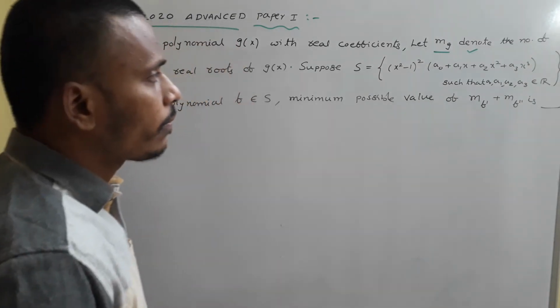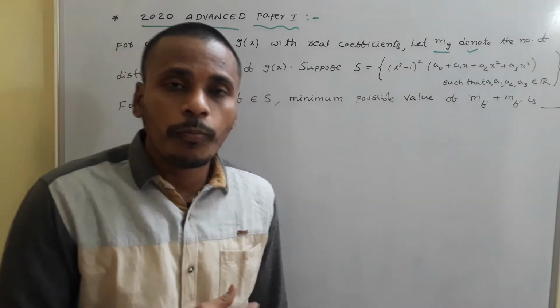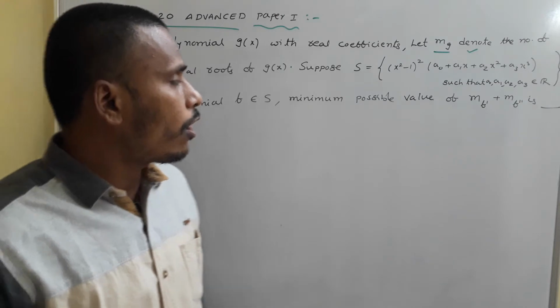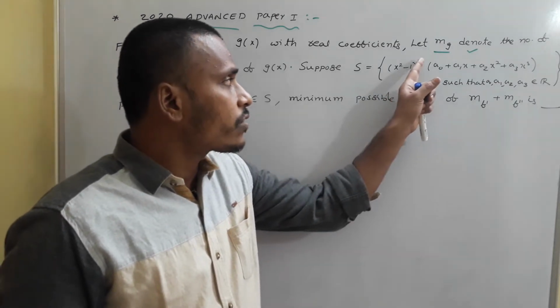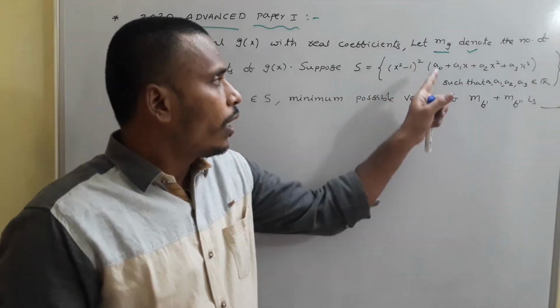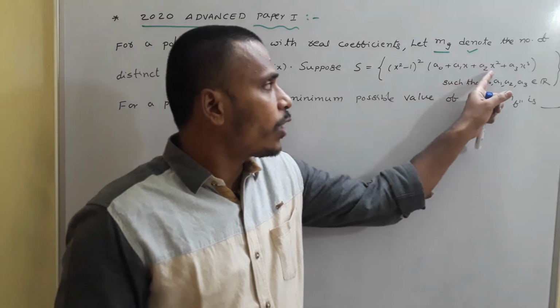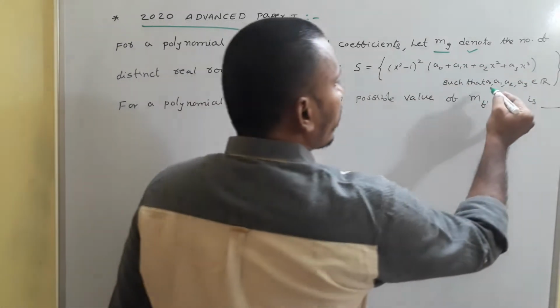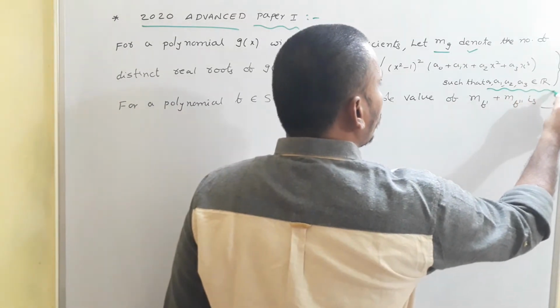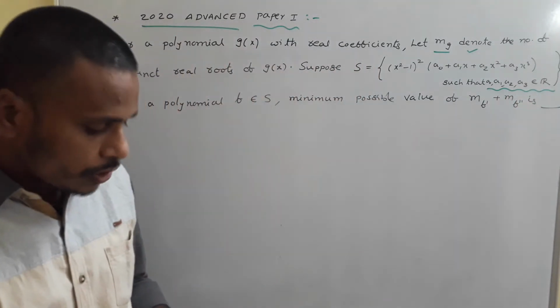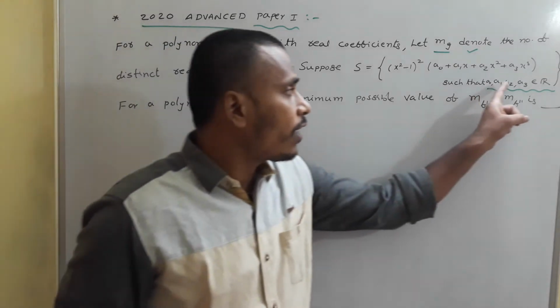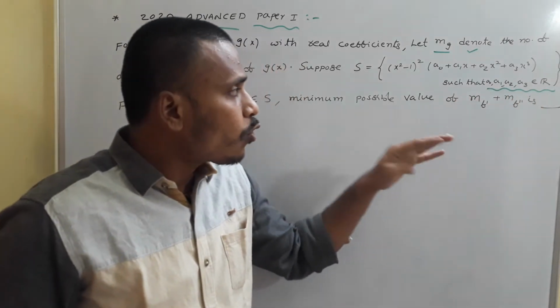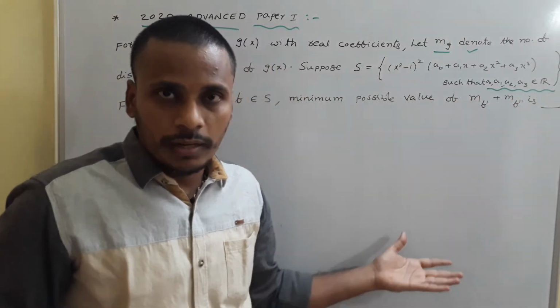What is s? S is the set of polynomials of the format x square minus 1 whole square into a0 plus a1x plus a2x square plus a3x cube, such that a0, a1, a2, a3 belong to real numbers. See, you just look here, these four belong to real numbers.